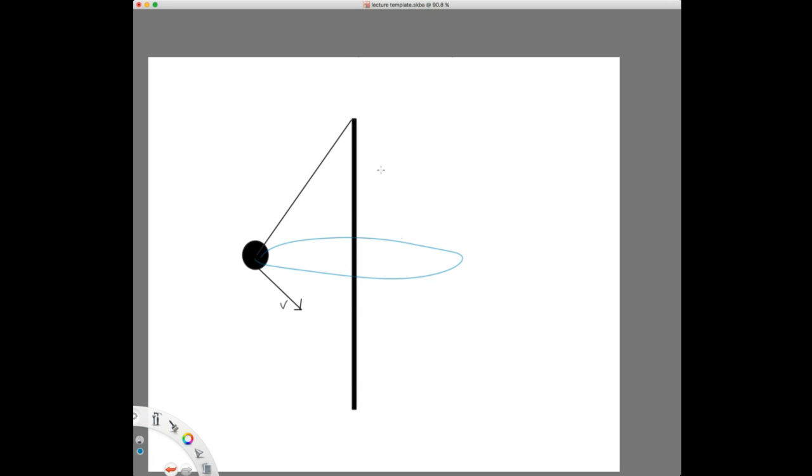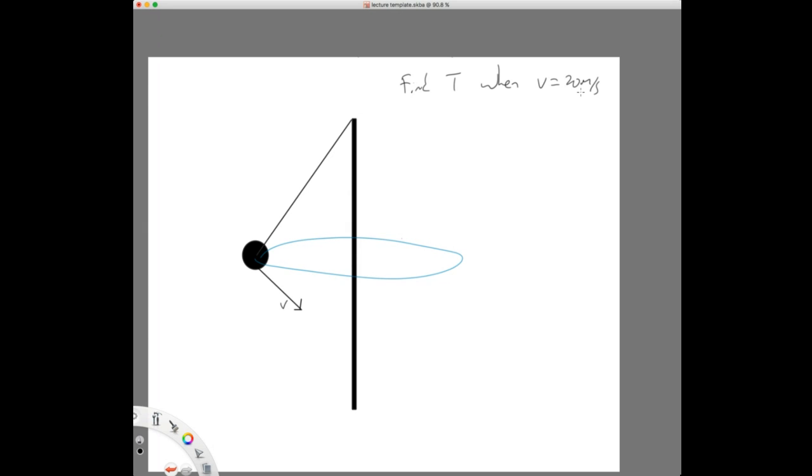Okay. All right. So what I would like to do is find the tension when the velocity is 20 meters per second.